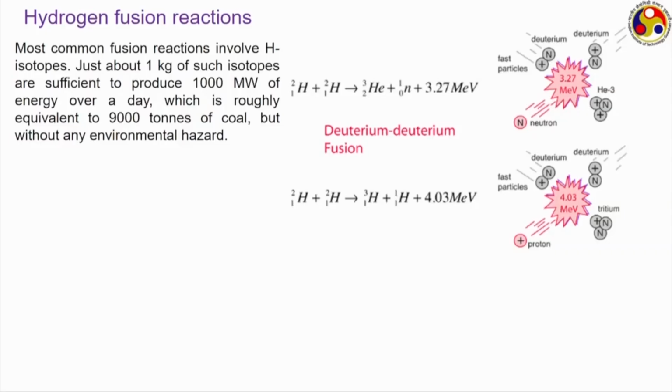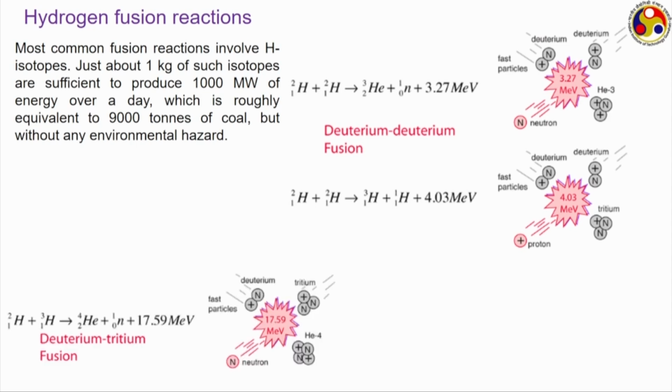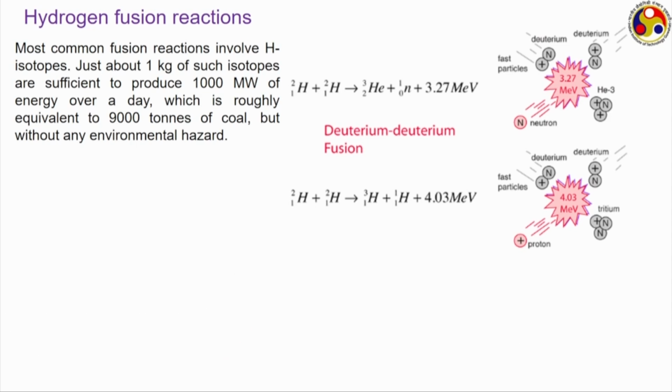Now, what are the possible reactions we can have? Deuterium can combine with itself; like in a common deuterium based reactor, we can have deuterium reacting with itself, and there are two kinds of fusion reaction possible involving only deuterium. The first one produces 2He3, one isotope of helium, plus a neutron, and also it gives 3.27 MeV of energy.